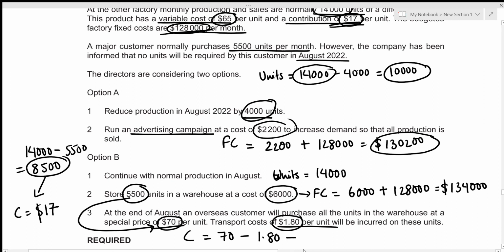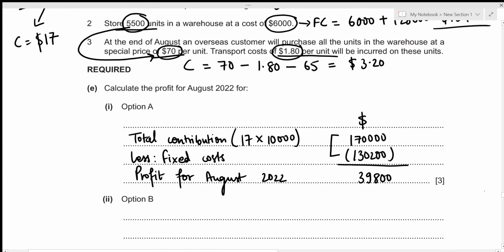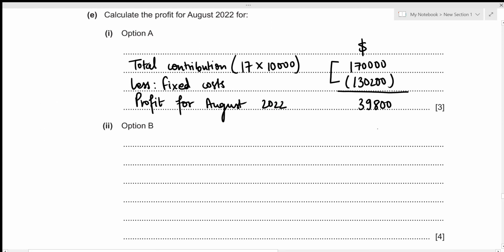So this gives our contribution per unit to be 70 minus 1.80 minus 65, which results in 3.20. So we have two different contributions, one for our 8,500 units and another for our 5,500 units. And the fixed cost is obviously the same for both. With this information, now we can figure out our total profit.